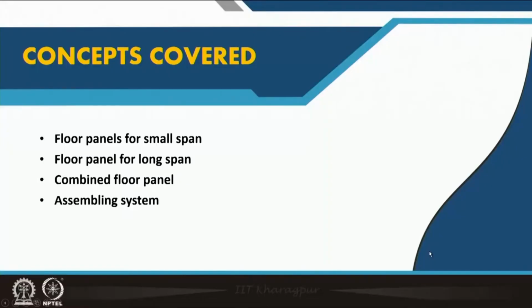Now, coming to the floor panel system, which is today's discussion, we have a system for the small spans and another set of systems for the long spans. This long span will also include the combined floor panel, where beam and slab come together as a composite. We also need to know the assembling system.